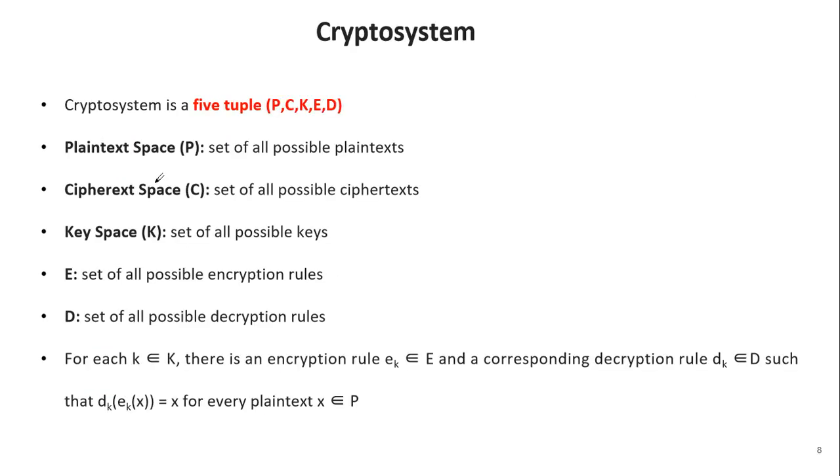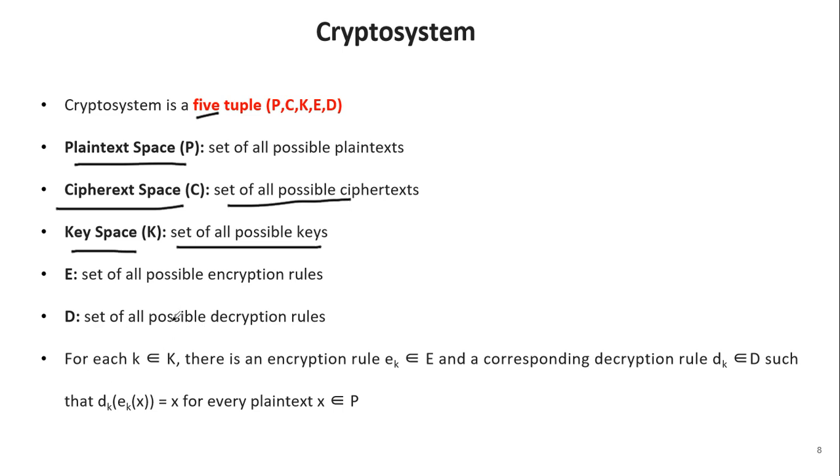Crypto system. A crypto system is a 5-tuple (P, C, K, E, D), where P is the plain text space, the set of all possible plain texts, C is the cipher text space, the set of all possible cipher texts, K is the key space, the set of all possible keys, E is the set of all possible encryption rules, and D is the set of all possible decryption rules.